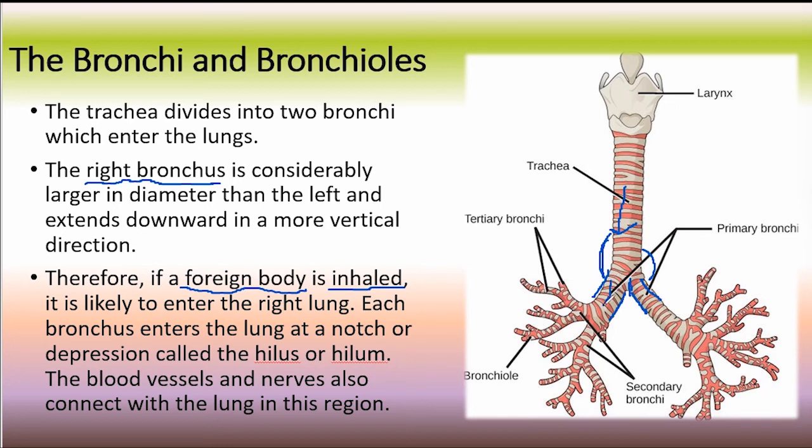Mostly, it will go to the right bronchus, or the right side of the lung. So that's why sometimes accidents happen. They always go to the right side easily because the diameter here is bigger and the angle here is bigger, so everything easily goes to this side.